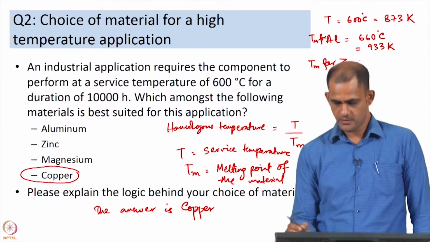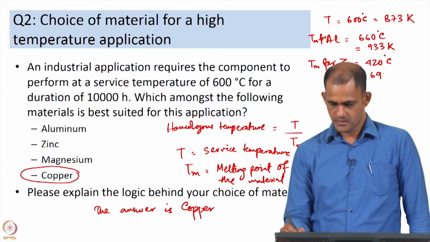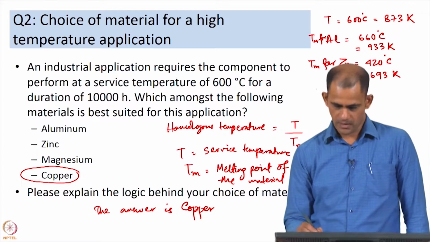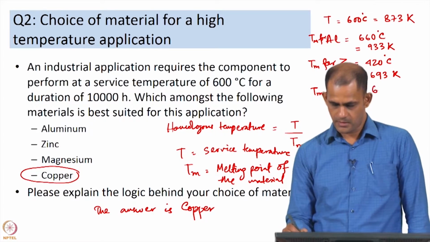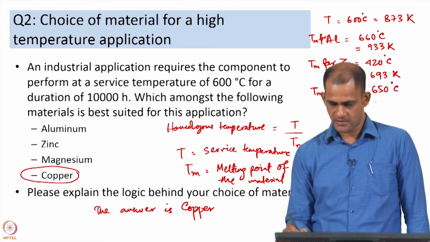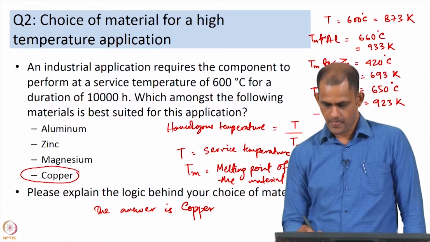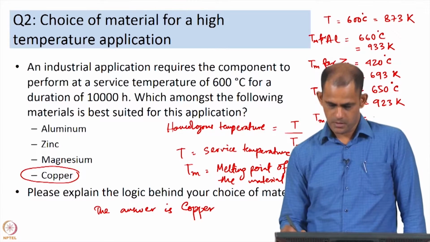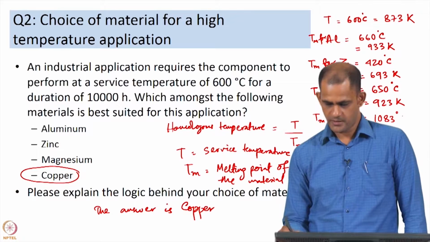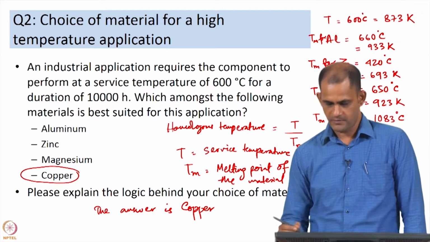Tm for zinc is 420 degree centigrade, which is 693 Kelvin. The melting point for magnesium is 650 degree centigrade, which is 923 Kelvin, and the melting point for copper is 1083 degree centigrade, which is 1356 Kelvin.